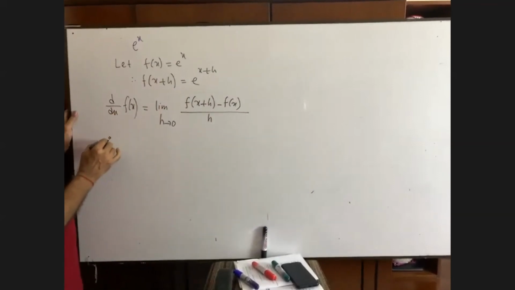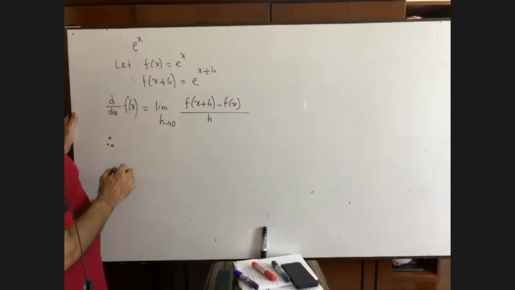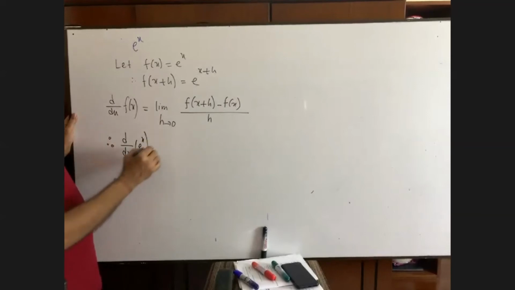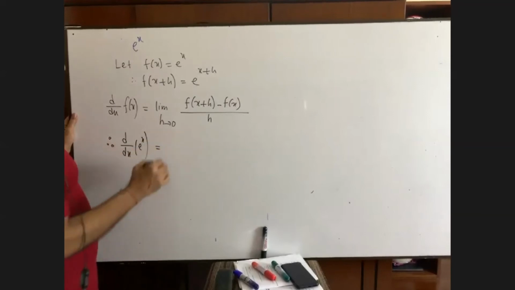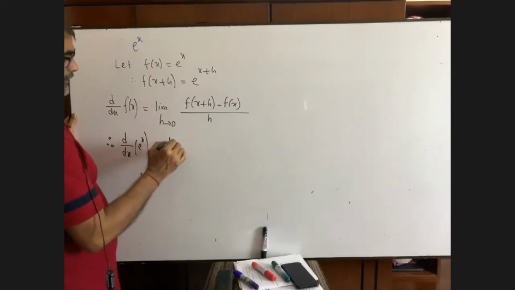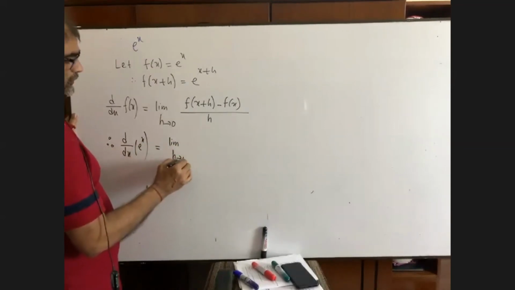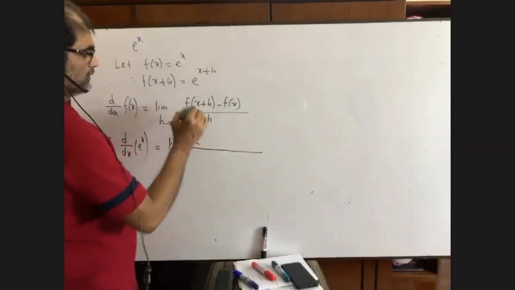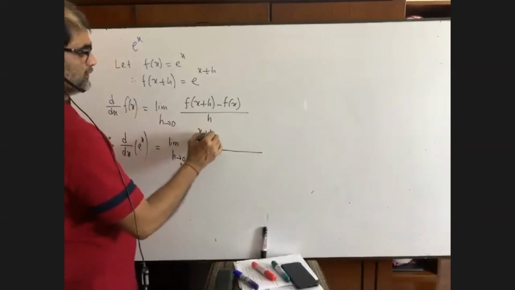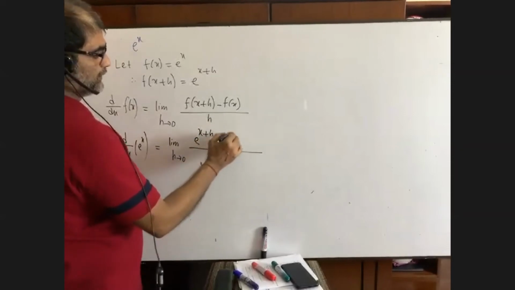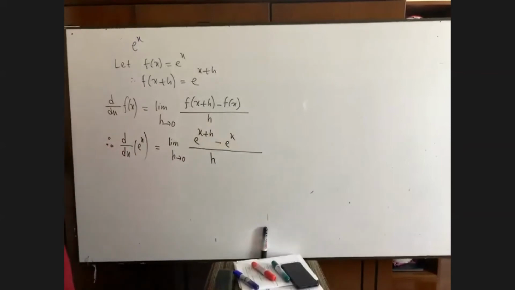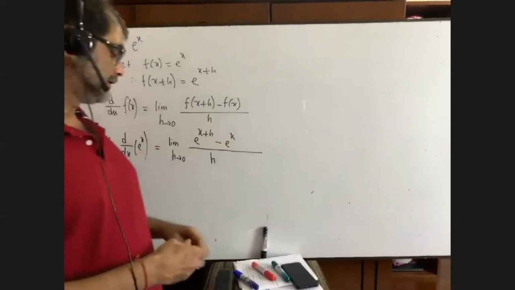Therefore, you can write down, d by dx e to the power x is equal to, we are getting here, limit h tends to 0, e to the power x plus h minus e to the power x by h. Do up to this, then I'm going to complete.